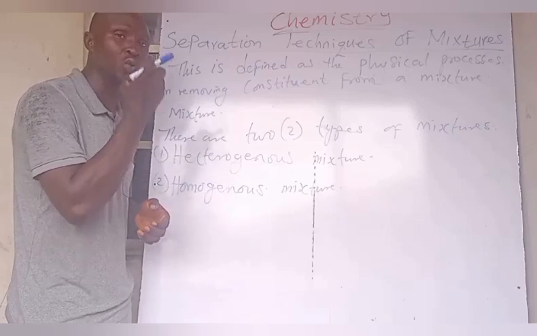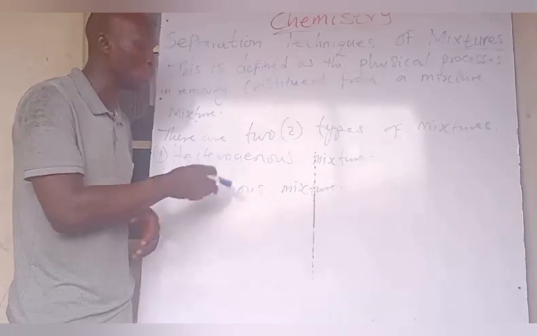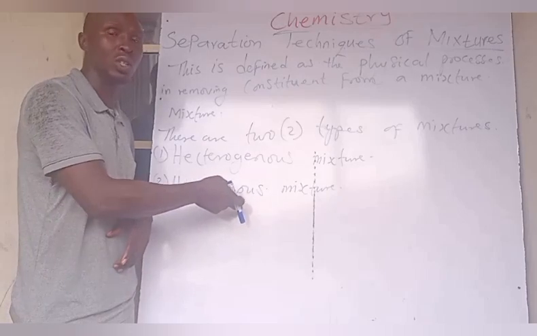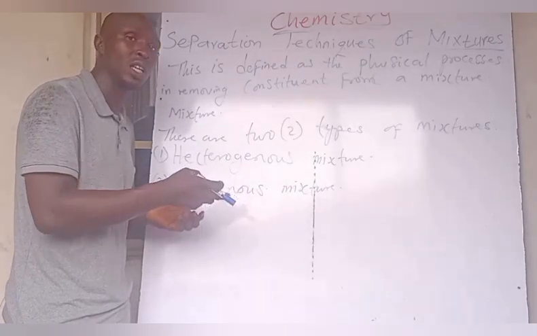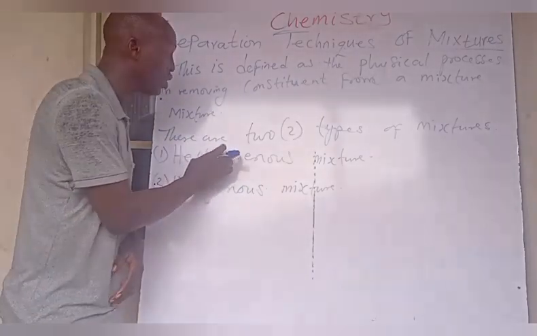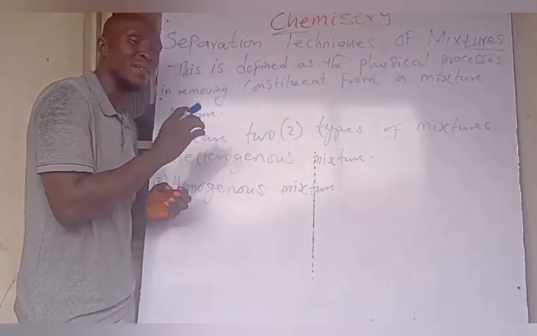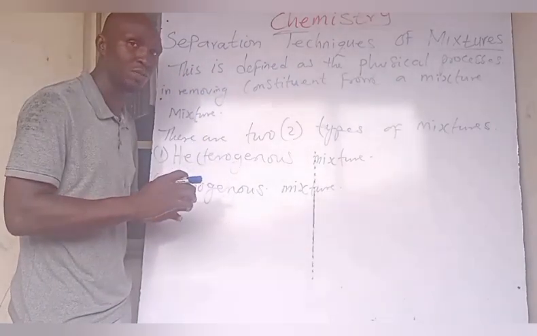You cannot visually distinguish between the salt and the water, or sugar and water, or sugar, salt, and water. But in a heterogeneous mixture, you can visually distinguish between each constituent.